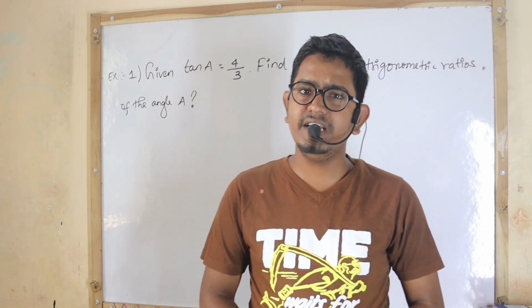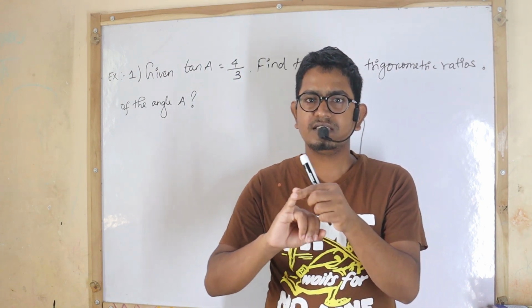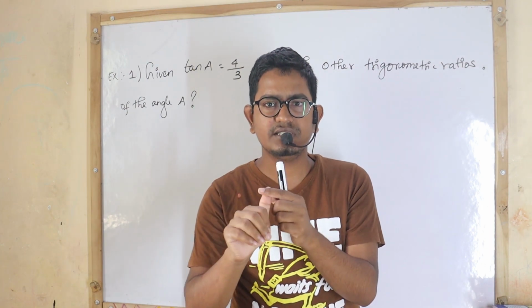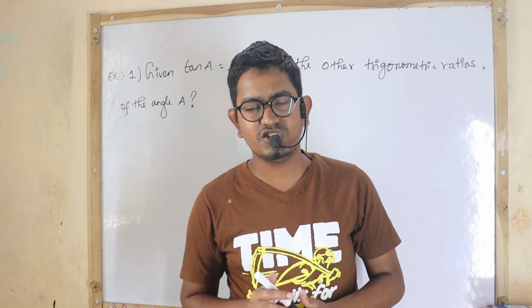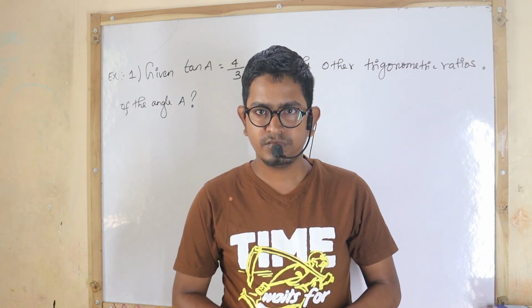As we studied, there are 6 trigonometric ratios: sine, cosine, tan, secant, cosecant and cot. These are the 6 trigonometric ratios we have seen in the previous lecture, right?